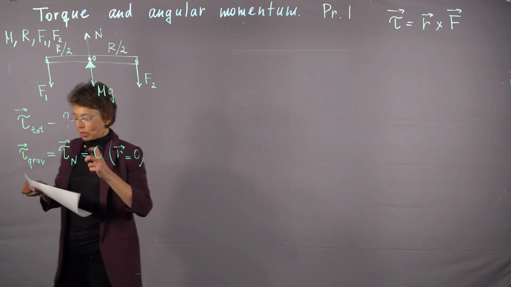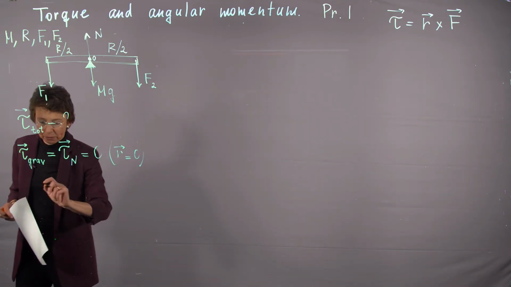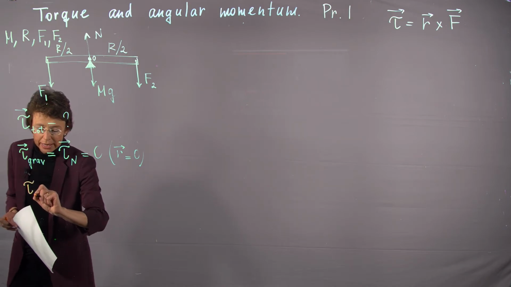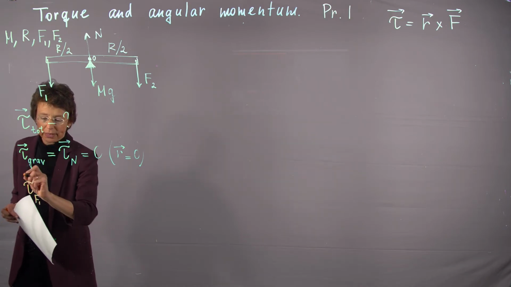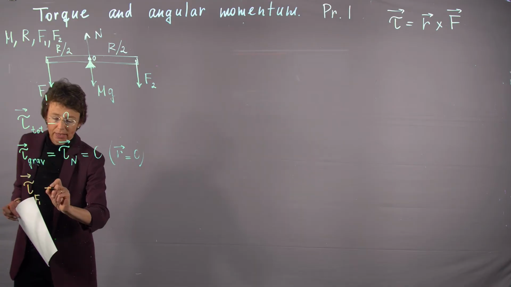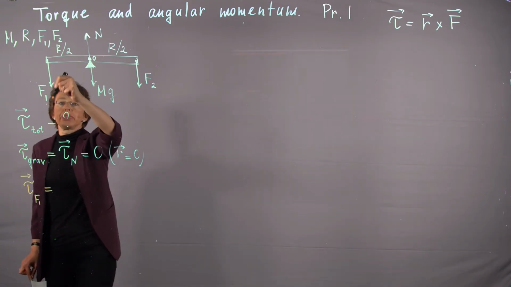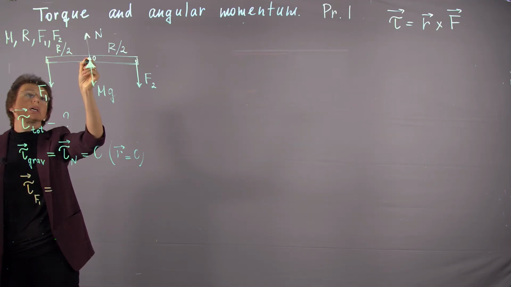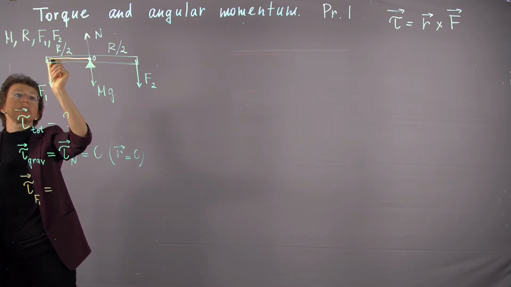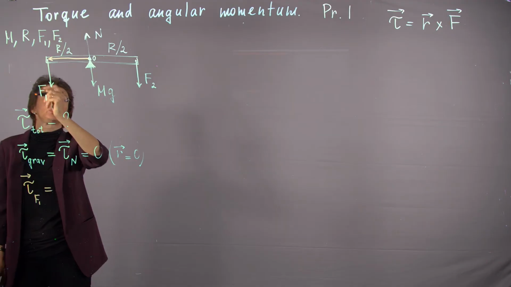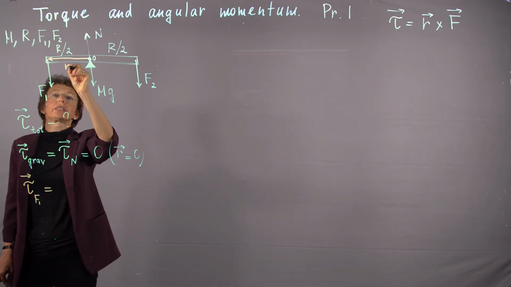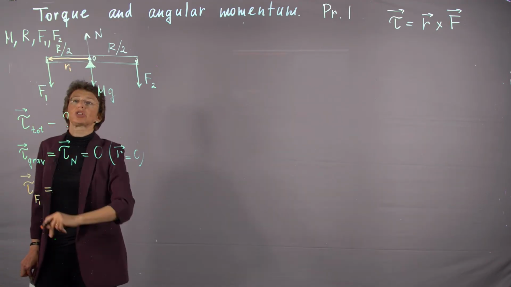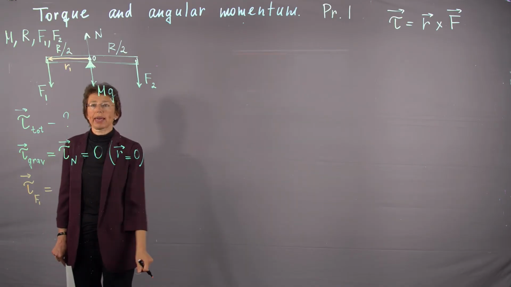What will be the torque created by F1? Tau F1. This is F1, and its magnitude is given. R is from the pivot to the point where the force is applied. This is R1, and its direction is to the left.